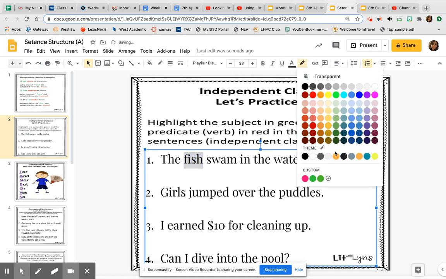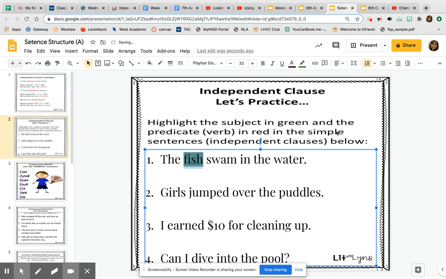We're going to highlight in green. Sorry. So the highlight, remember, is this little tool. Okay? So then, what did the fish do? The fish swam. So swam is our verb or predicate. We have swam in the water.